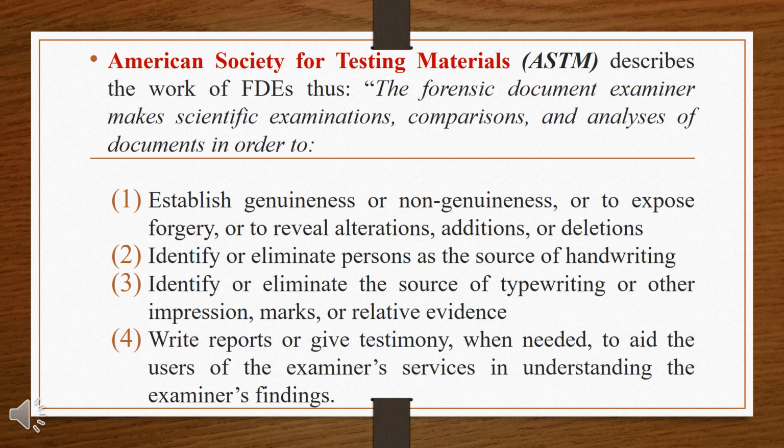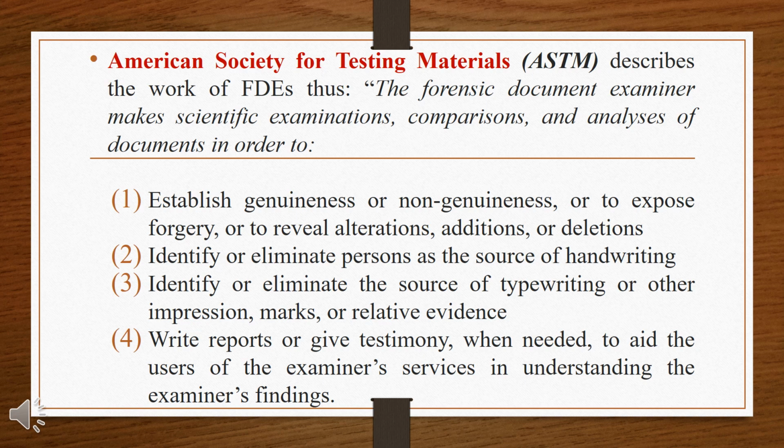The American Society for Testing and Materials, ASTM, describes the work of FDEs thus: the forensic document examiner makes scientific examinations, comparisons, and analyses of documents in order to: 1. Establish genuineness or non-genuineness, or to expose forgery, or to reveal alterations, additions, or deletions. 2.